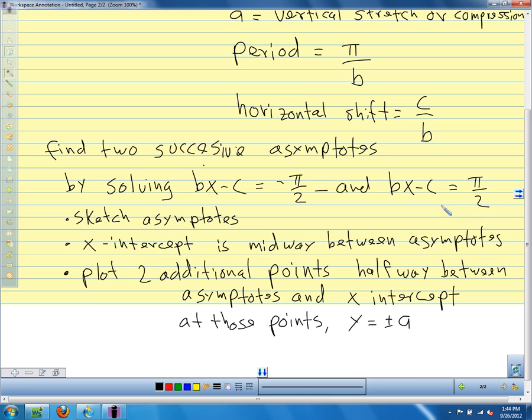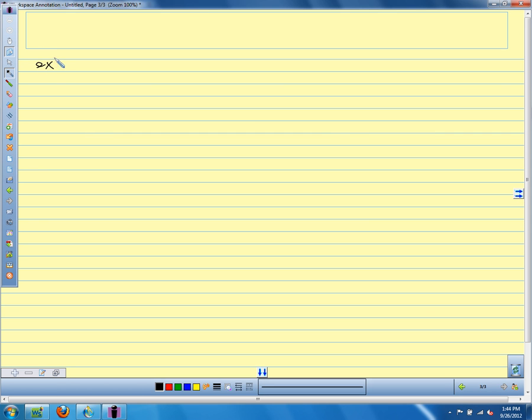So let's look at an example of going through this process. So let's graph y equals 2 tangent 2x.